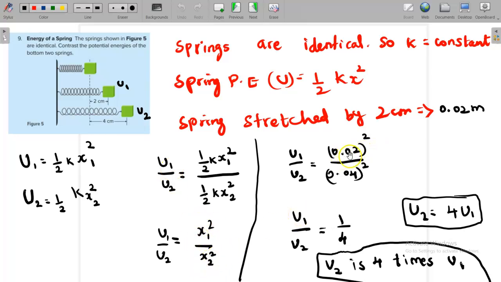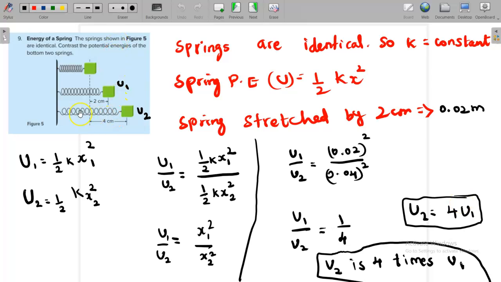Apply the value of x1, 0.02, because 2 centimeters changed into meters is 0.02. Now using a calculator you will get 1 by 4, and when you cross multiply, the spring energy U2 is equal to 4 times the spring energy for spring 1.